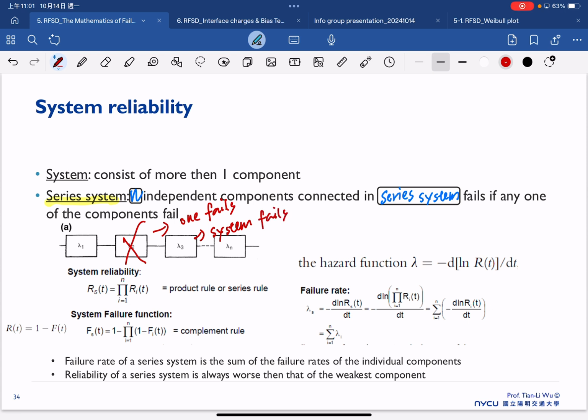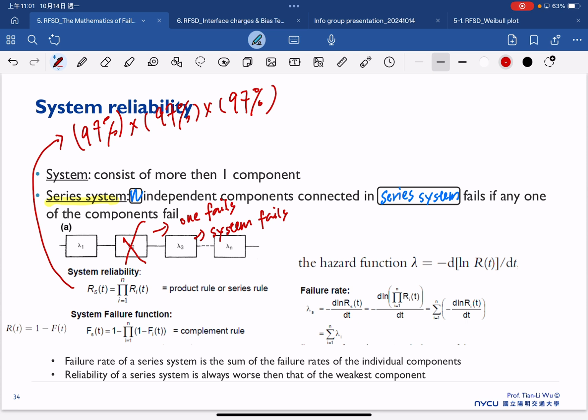So that's a series system. The system reliability is a product rule. For example, if each one has a reliability of 97%, and you have 3 components, just multiply the 3.